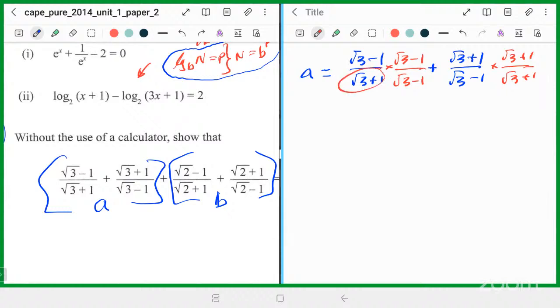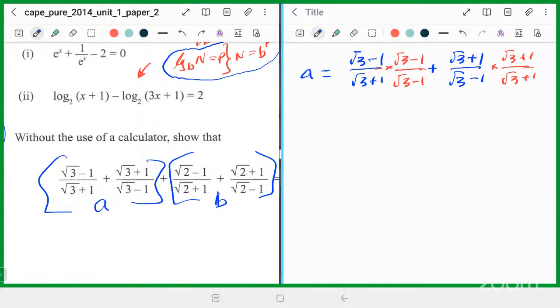So you see the two denominators will become the same. So the numerator becomes the perfect square of root 3 minus 1, and the perfect square of root 3 plus 1. All right, that's what we end up getting.